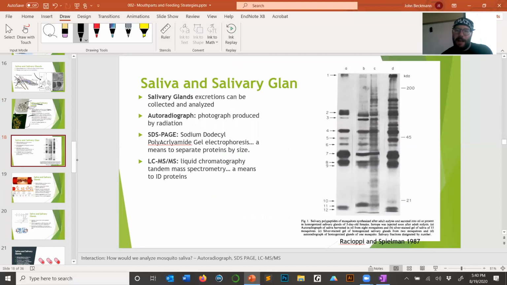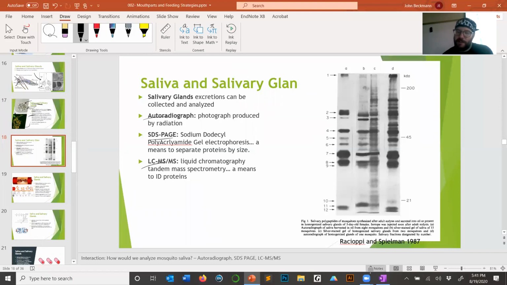You might ask the question, how do we know what's in the salivary gland proteins? How do we know that the salivary glands make proteins, and how do we know what those proteins are for each particular insect? You guys are all pretty advanced, so I have this here for people who wouldn't know what SDS-PAGE is, but you know what these things are.